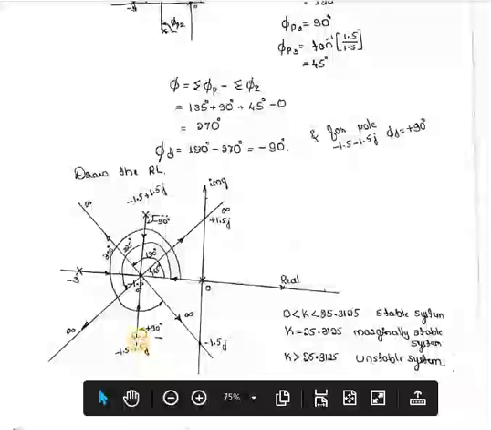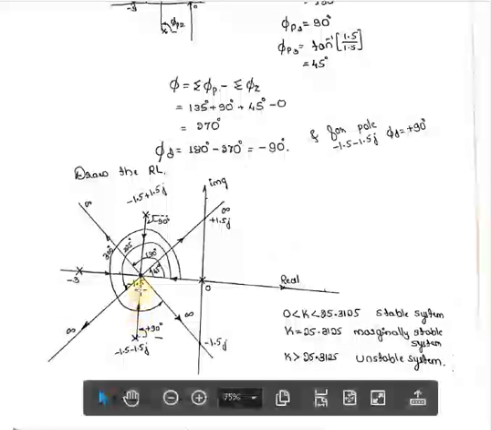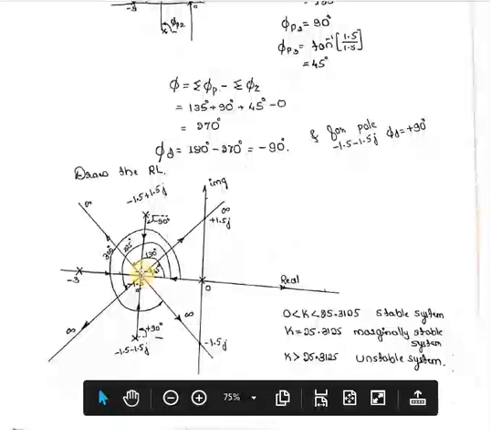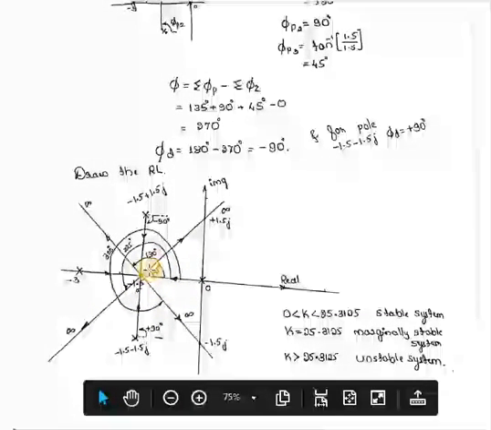Similarly, this one will start from this point and leave the path at plus 90 degrees, come to this breakaway point, then tend to infinity along this asymptote. So here remember, all the branches coincide with your asymptotes.